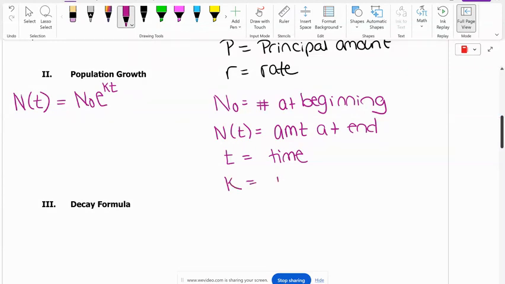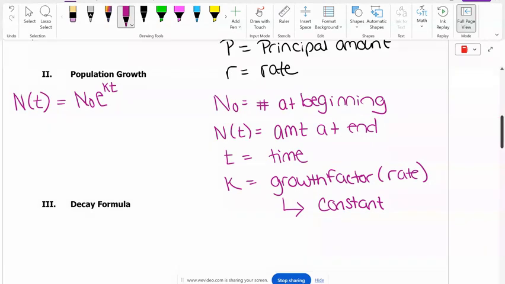And K is our growth factor, or we could call it our rate of growth. And for K, this is a little bit tricky because it's a constant, which is unique to each problem.